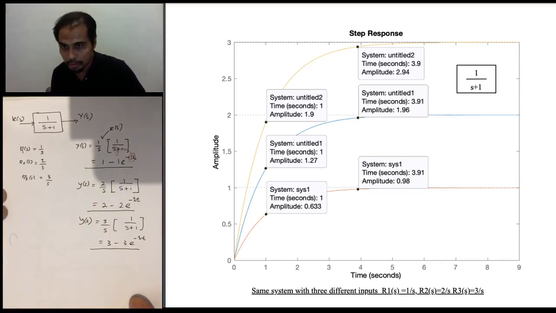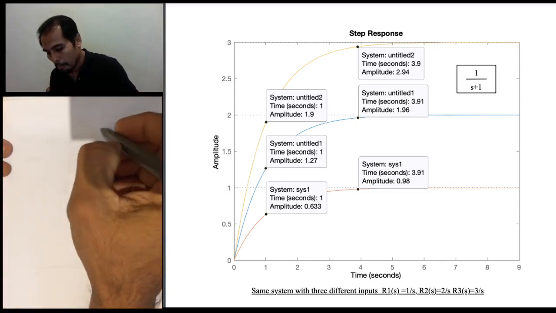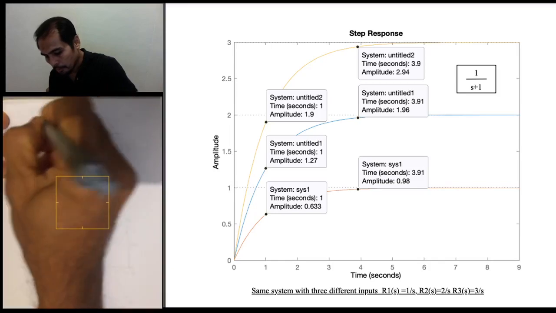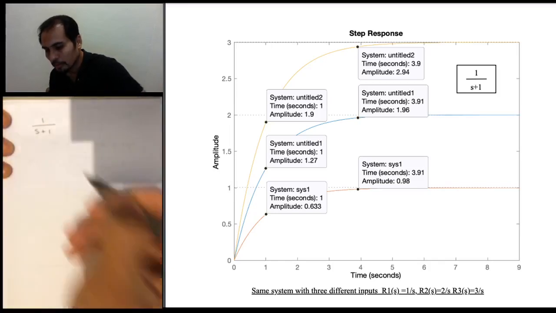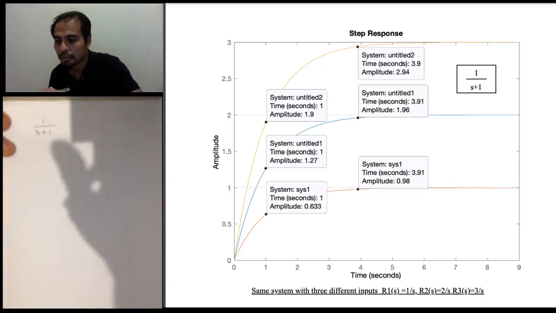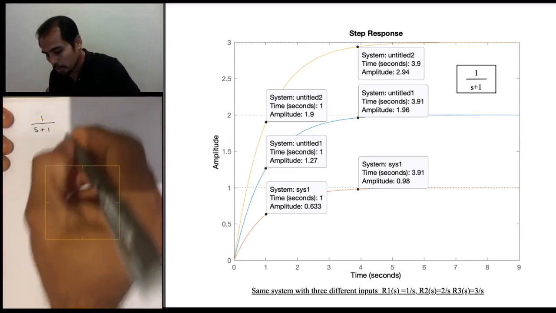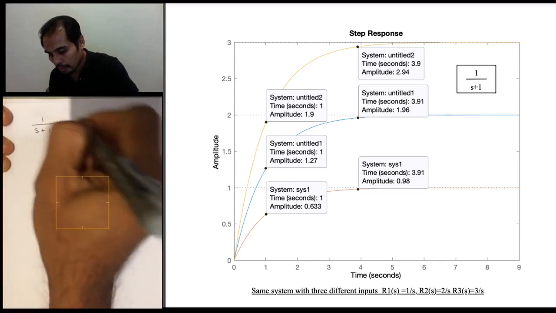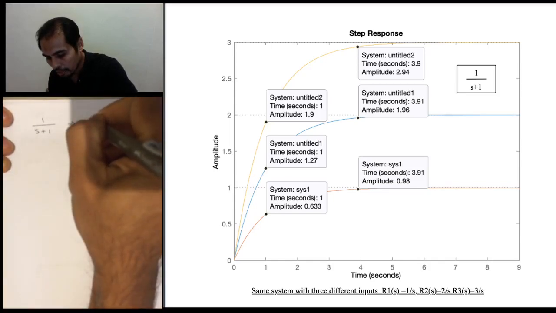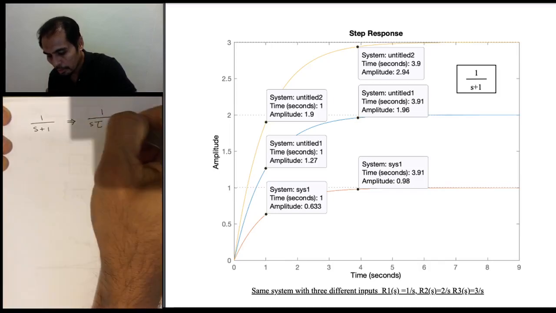Whatever transfer function we have, regardless of any input, we can find these three parameters from it. So what we're going to do is convert it into the standard form of a first order system, which is 1 over tau s plus 1.